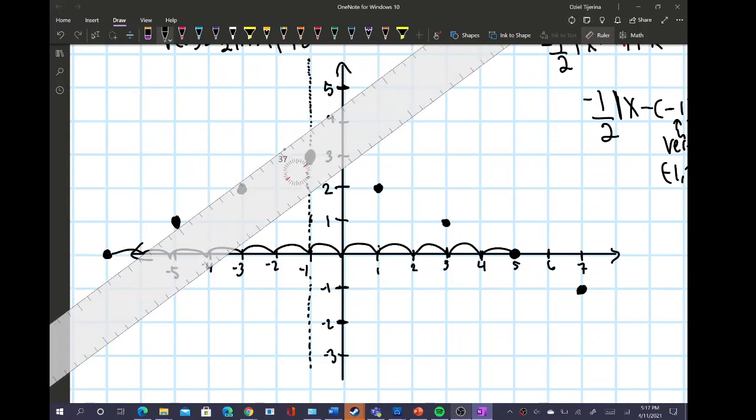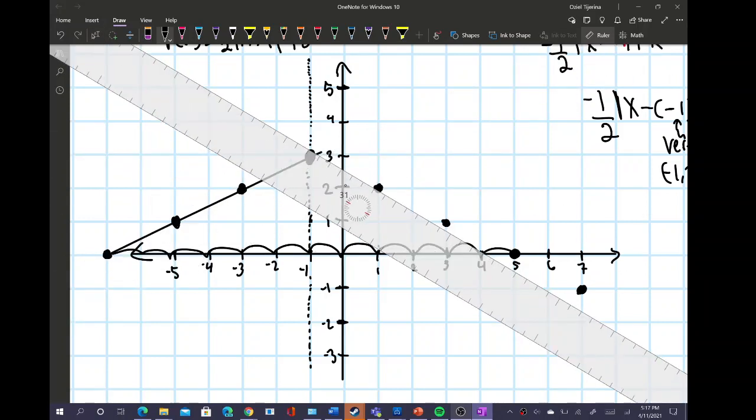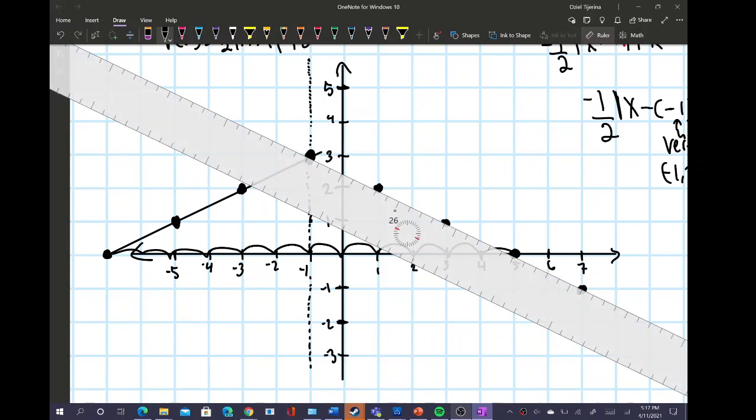You would just trace the lines now, so do the straight lines, and then from there to there, and then from here to here, right?